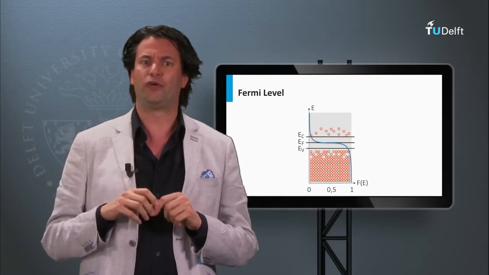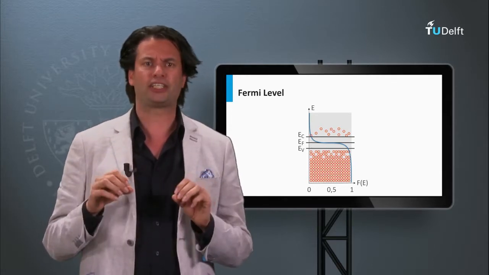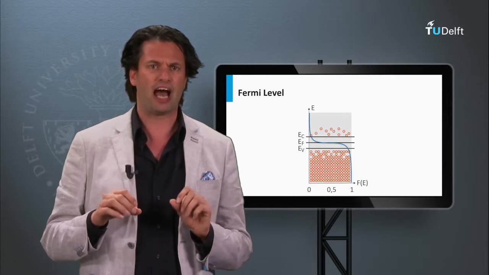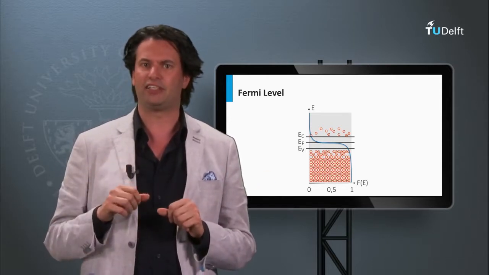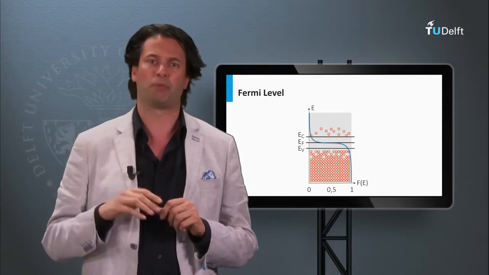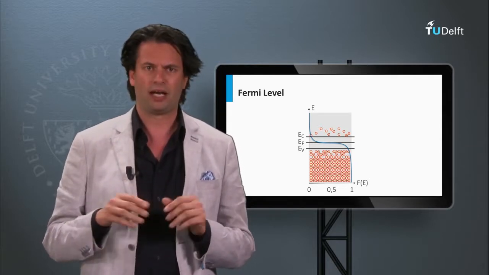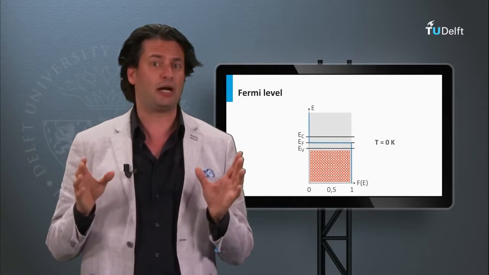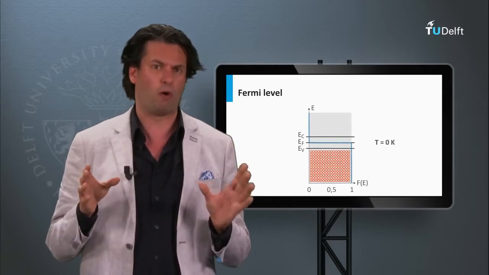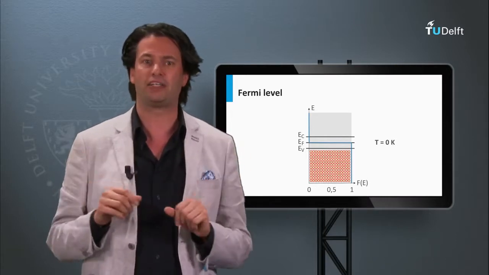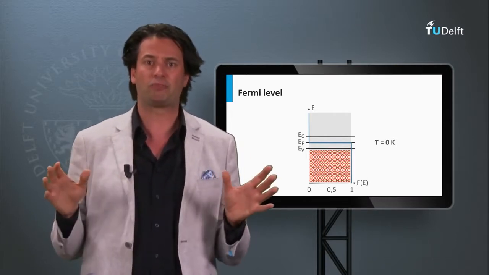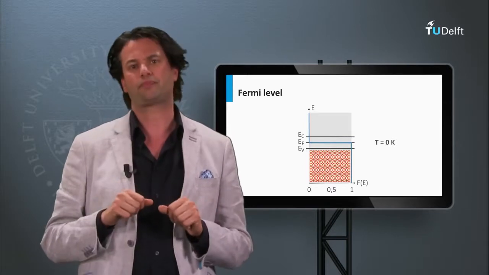In general, the Fermi-Dirac function shows that the energy levels in the conduction band have a low probability to be occupied, while the energy levels in the valence band have a high probability to be occupied. At absolute zero, a temperature of 0 Kelvin or minus 270 degrees Celsius, all electrons fully occupy the valence band. The semiconductor material is not conductive.